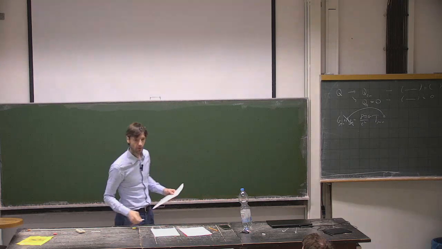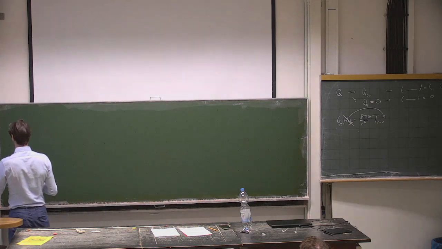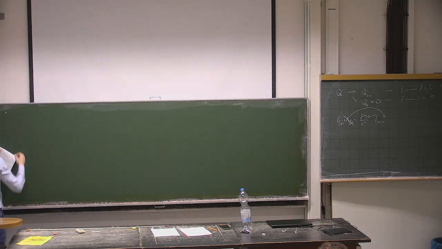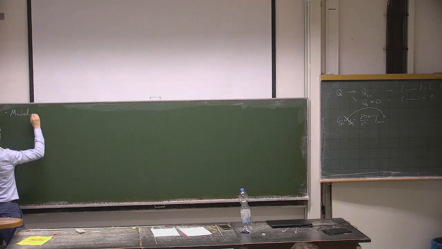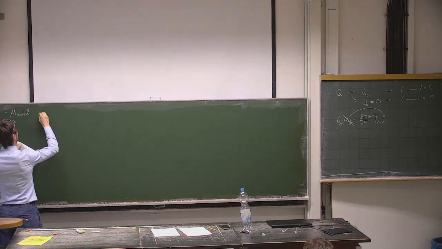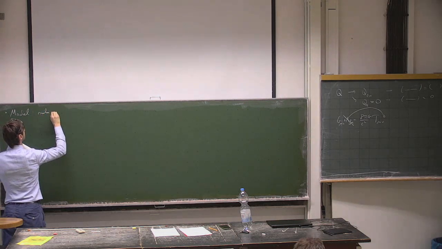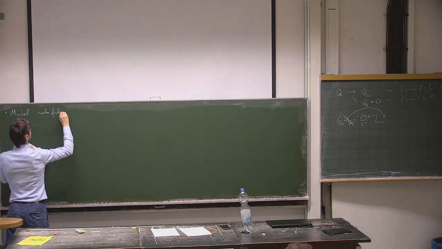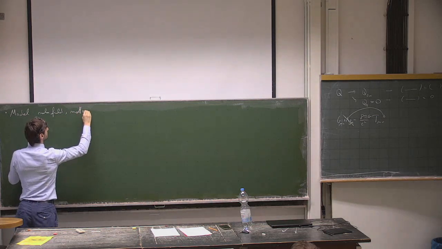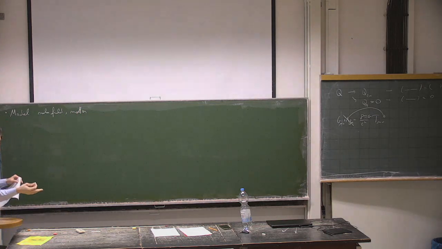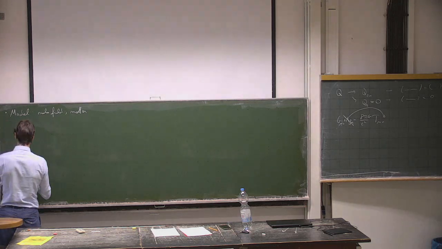Let's try. Okay. So let's take our model in which we have a scalar field and a matter component. Matter component which could be radiation or dust or whatever you want. Okay?